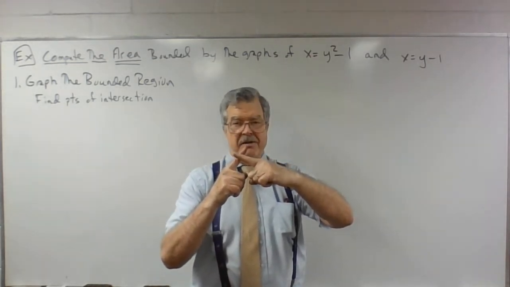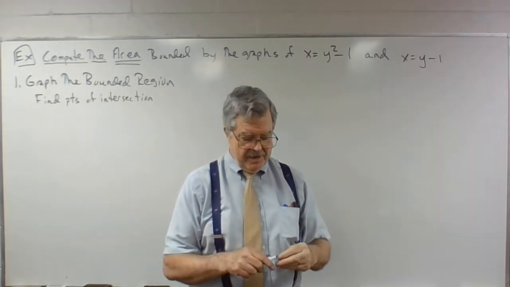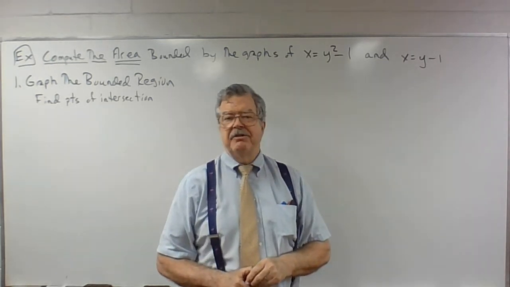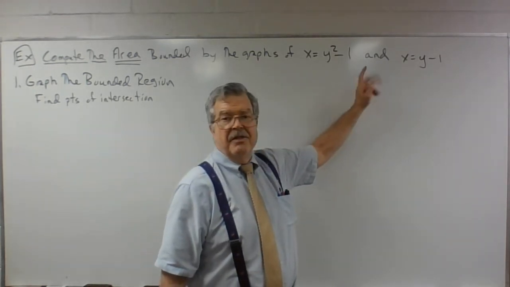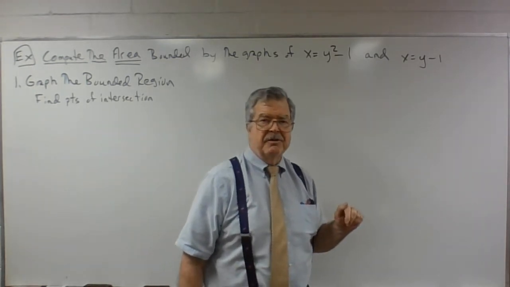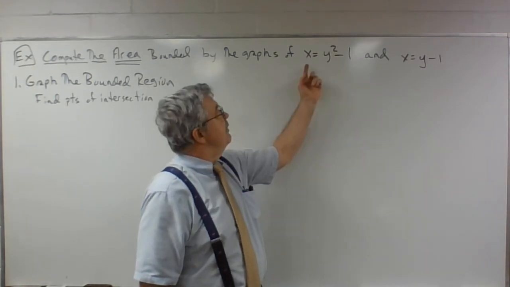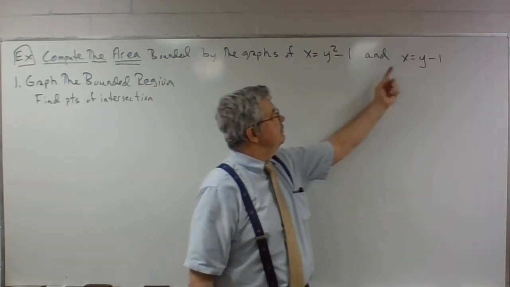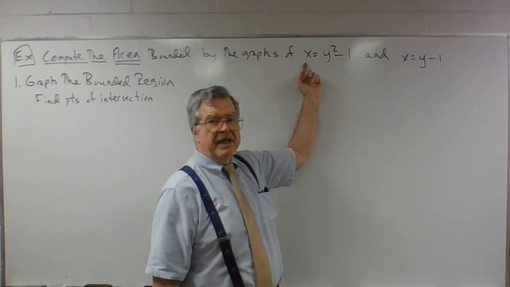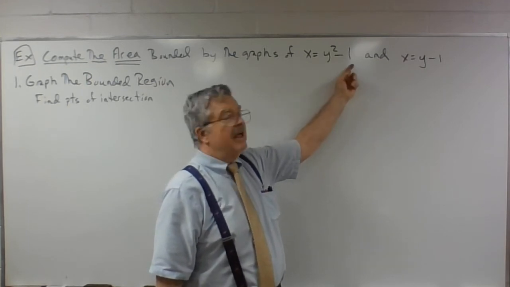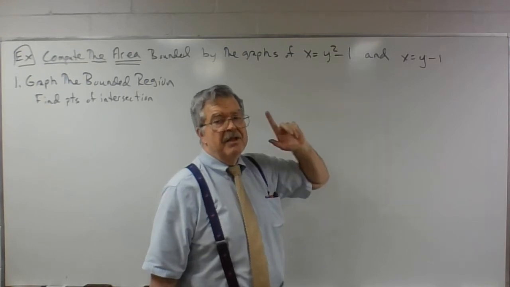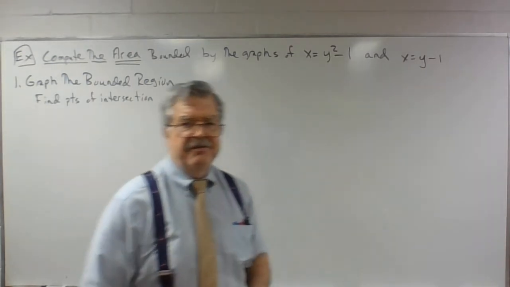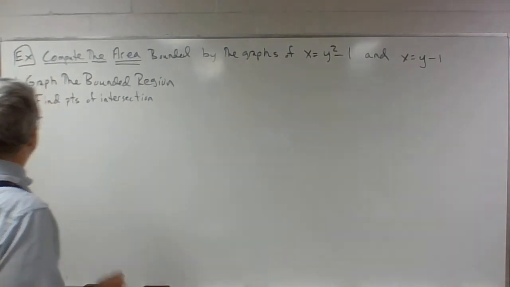The y values will be the same. So to find the points of intersection, we assume that we're at a point of intersection. And that means that in this case, the x values are going to have to be the same. And we'll see what that forces the y values to be. So this time we'll set the x values equal to one another.